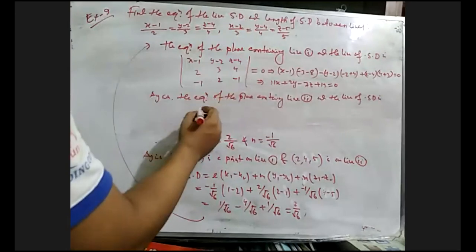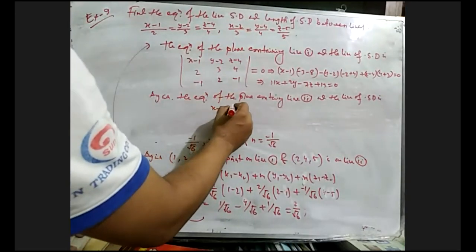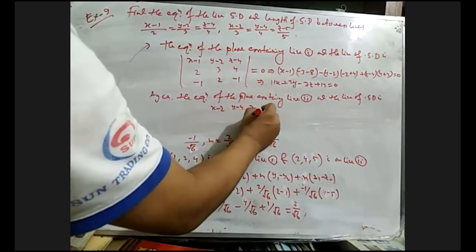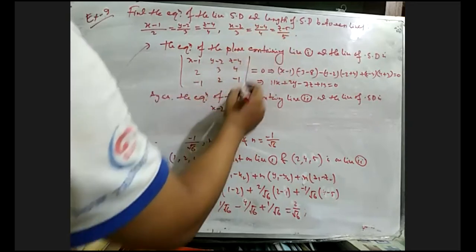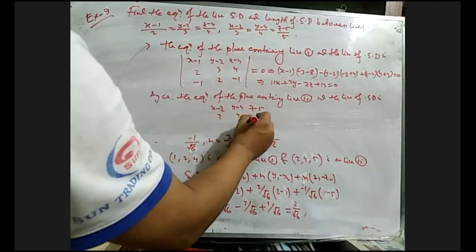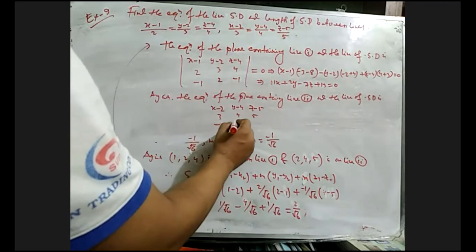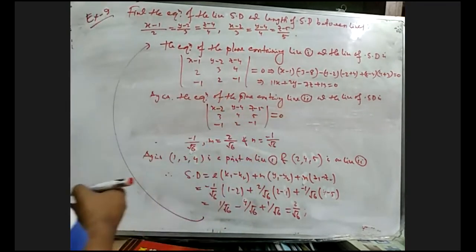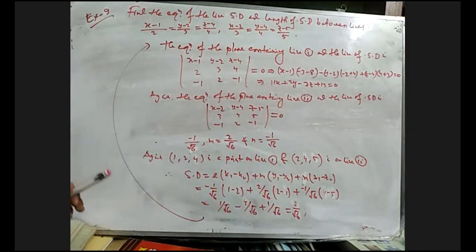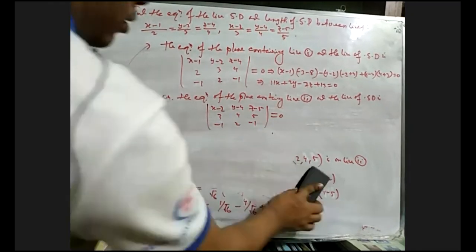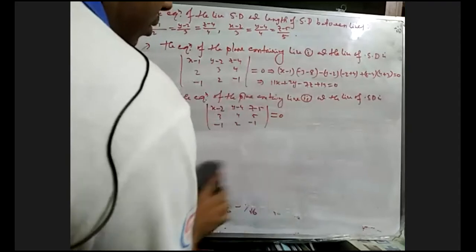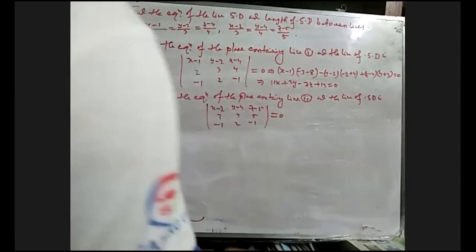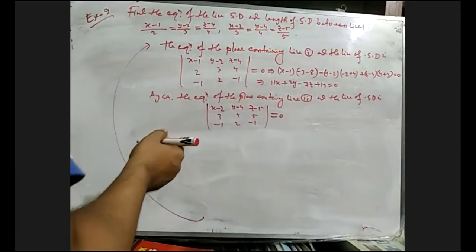For the second line, x minus 2, y minus 4, z minus 5, and direction ratios 3, 4, 5, and minus 1, 2, minus 1, equals 0. So from this we get another equation.